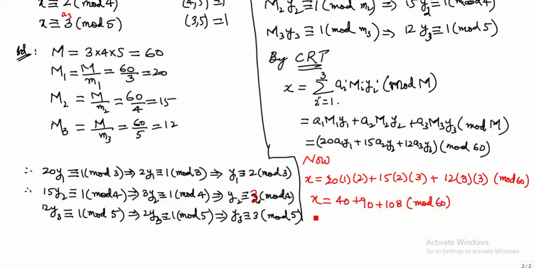Let me solve individually. 90 modulo 60 is 30. So 30 plus 40 is, sorry, 70. 70 modulo 60 is 10. Now this will become 118, and 118 is 58 modulo 60. So that's the solution by using CRT.